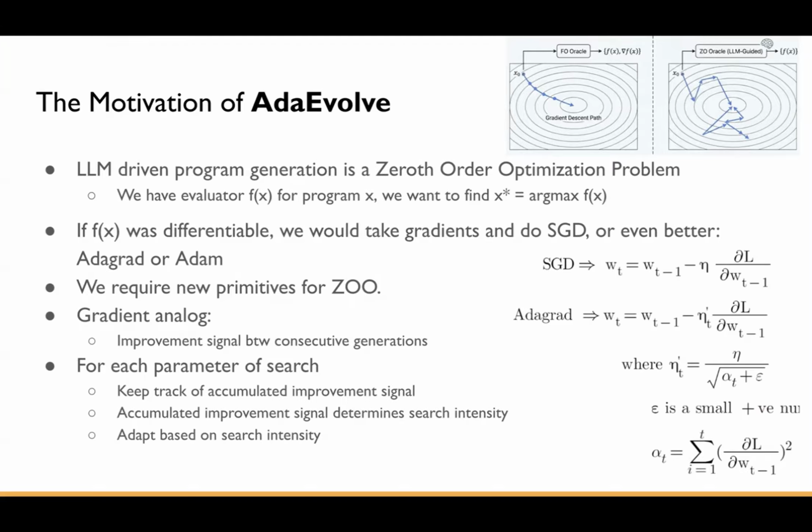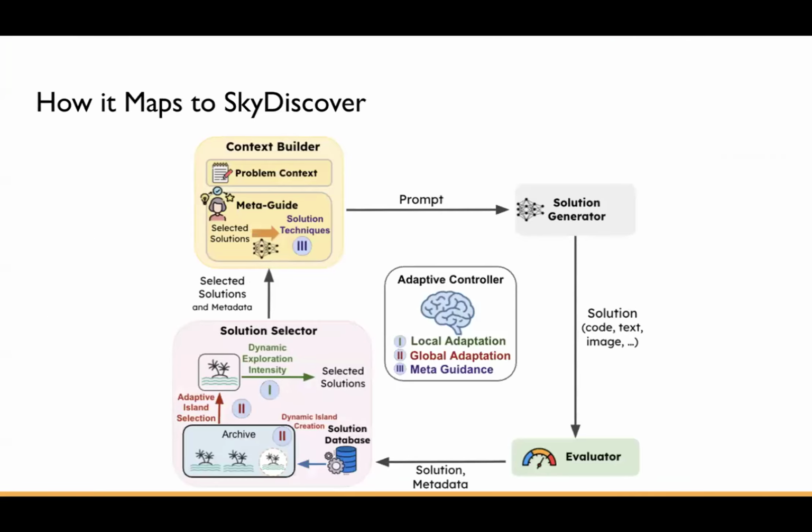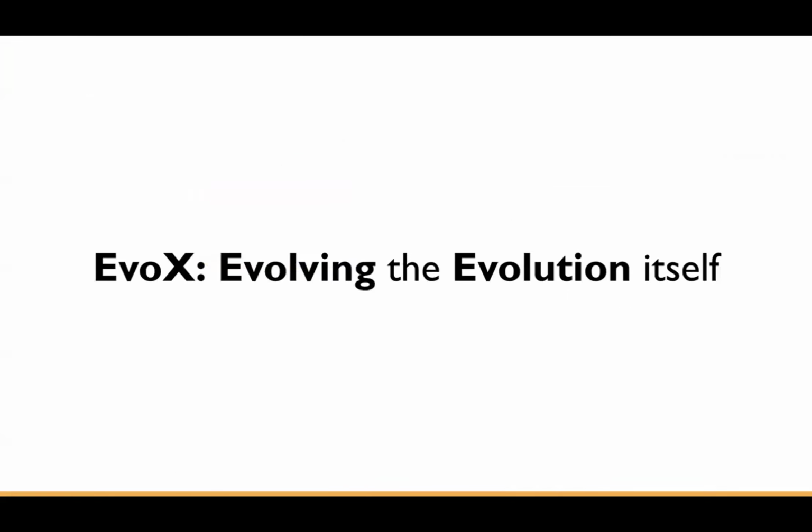But this is essentially a zeroth-order optimization problem. So the main thing AdaEvolve tries to answer is how we create adaptive primitives for this zeroth-order optimization problem. And how it maps to SkyDiscover is that we build local and global adaptation in the solution selector and the solution tactics in the context builder.